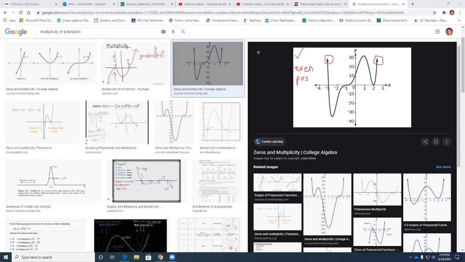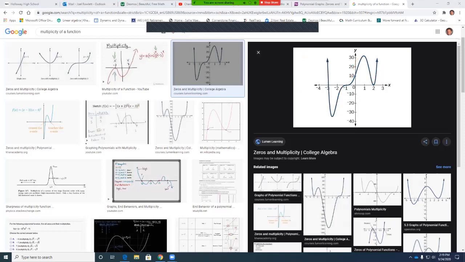And notice that, let's see, how many directions does this thing take here? It goes down. That's 1, 2, 3, 4. So this could be a fourth degree, a positive fourth degree. So let's see if we can determine some other things here. I can tell that -3 is a 0.